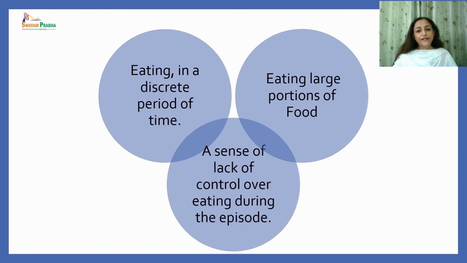Majority of them will be eating large portions of food in a discrete period of time, say within a period of 2 hours, and there will be a sense of lack of control over eating during the episode. They will not be able to hold themselves back whenever they are eating. So these are the three characteristic eating pattern features.